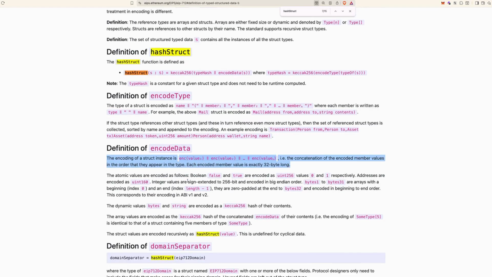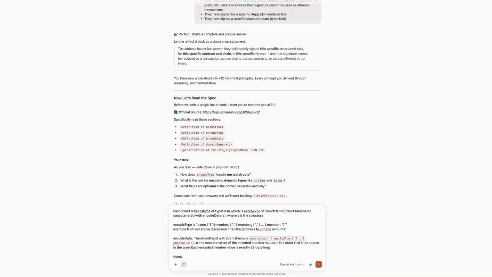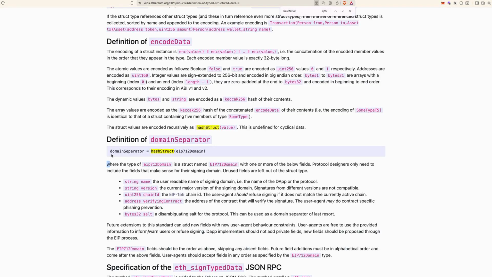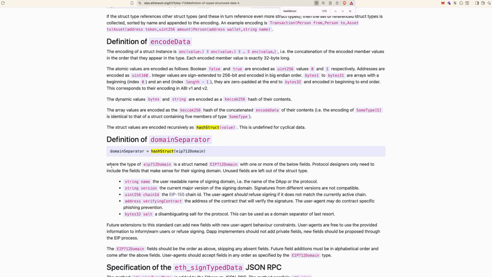Then the definition of domainSeparator. domainSeparator is equal to hashStruct(eip712Domain), where the type of eip712Domain is a struct named EIP712Domain with one or more of the below fields. So we have domainSeparator.